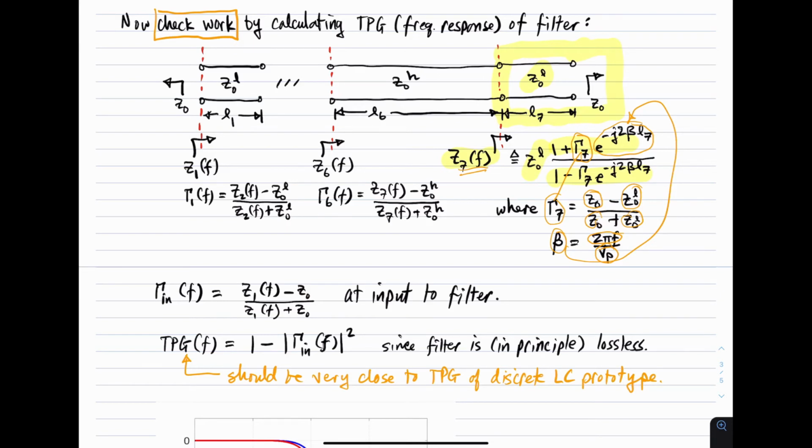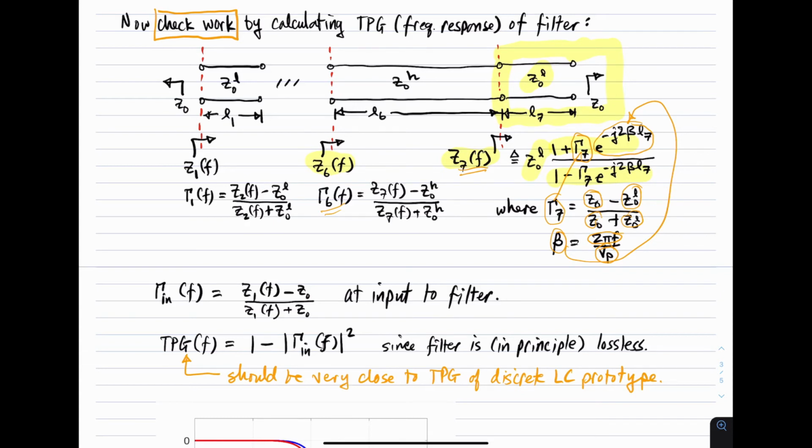Well, now you back up one step. The input impedance looking into the input of the next to last section, we'll call that Z sub 6. The procedure is entirely the same, only the subscripts change. So now we have a reflection coefficient gamma sub 6, not gamma sub 7. That is a function of frequency now.